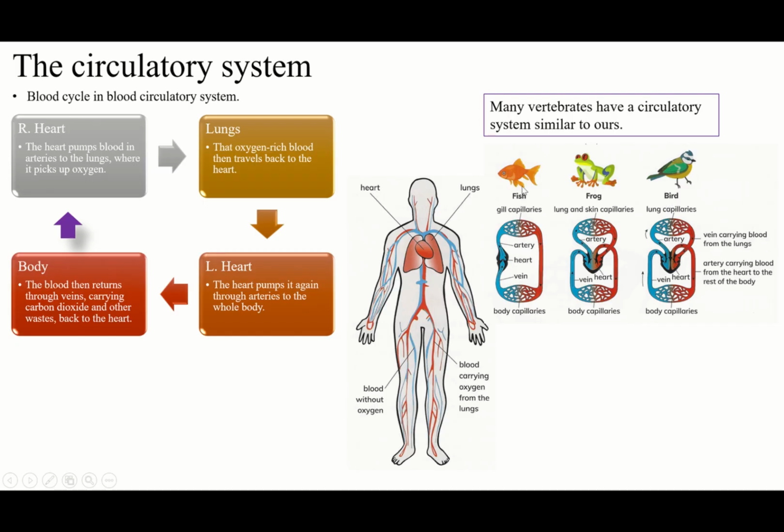So let's talk about their circulatory system shortly. A fish has a simple system. The circulatory system of the fish is very simple. Like what? Blood passes through the gills to pick up oxygen and then moves into the body.